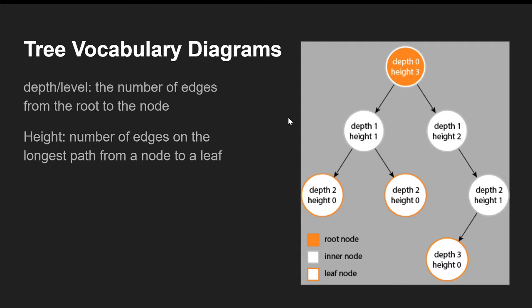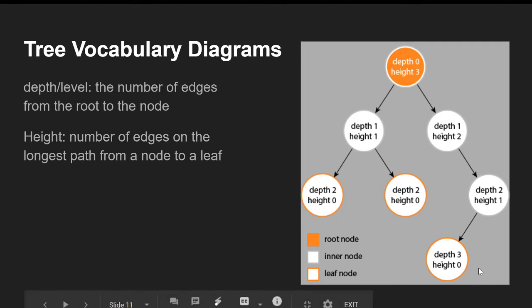So then let's get into some other vocabulary, just describing these nodes as well. So you can have a depth. The depth is just the number of edges from the root to the node. So as you can see from the diagram, we have a depth of 0. This is the root. And then going from this root to the first level, this is depth 1, this is depth 2.